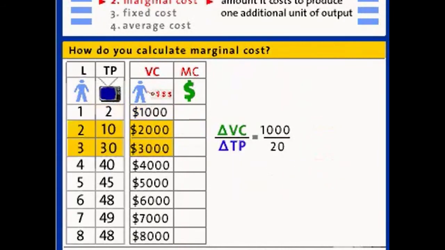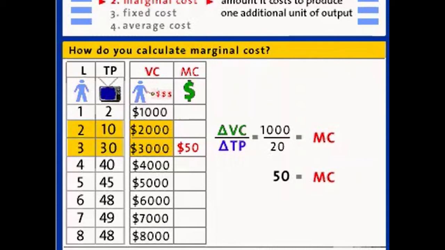So $50 a set will get you an extra television set as you go from 2 to 3 workers, as you go from 10 to 30 televisions. Keep calculating. In each case, look at the change in variable cost and divide that by the change in the number of television sets. And what you will get in each case is the marginal cost, the cost of adding another television set to your output.